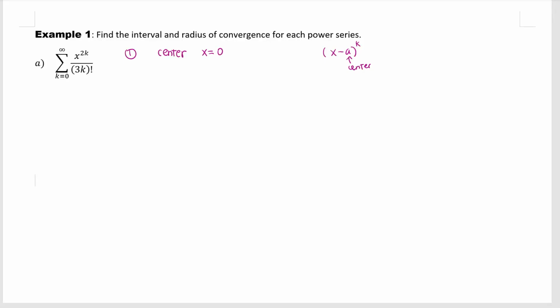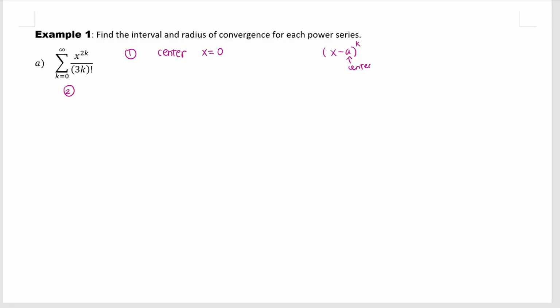So far, so good? Okay, and next, we recall that in chapter 8 we have many tests. We have the divergence test, the integral test, the ratio test, the root test, the limit comparison test, and the alternating series test.